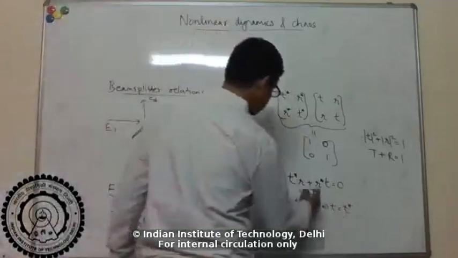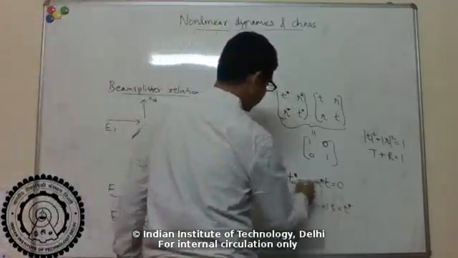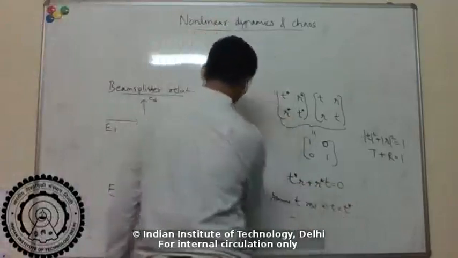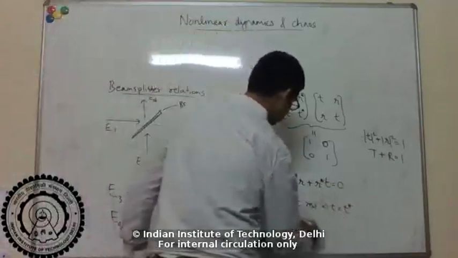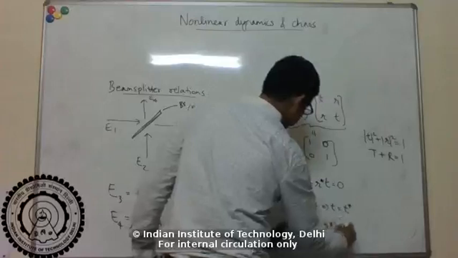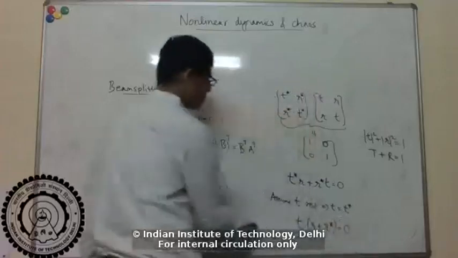Then I can just take T common out here, and I'll get R plus R conjugate equal to 0.